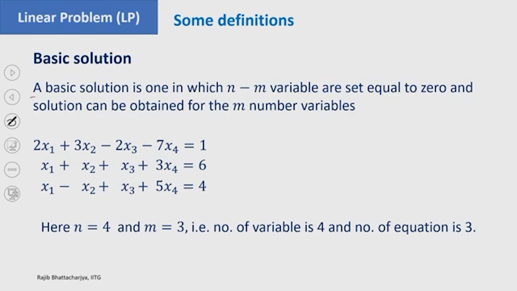Now, a basic solution is one in which n minus m variables are set equal to 0. Here n is the number of variables and m is the number of equations. So, a basic solution is one in which n minus m variables are set equal to 0 and the solution can be obtained for the m number of variables.